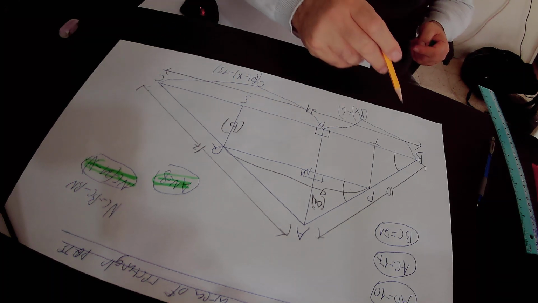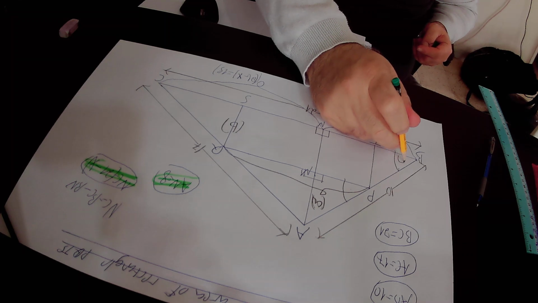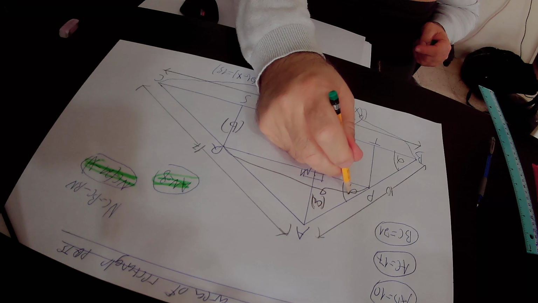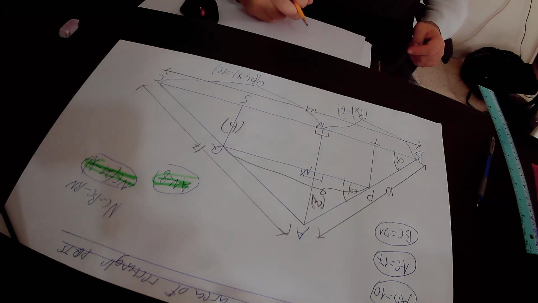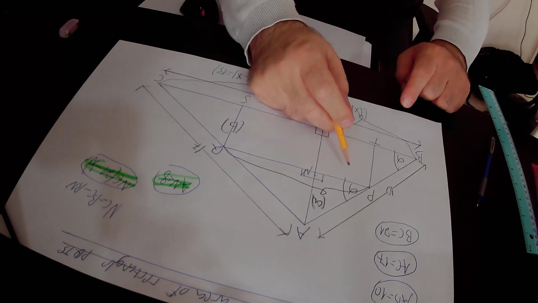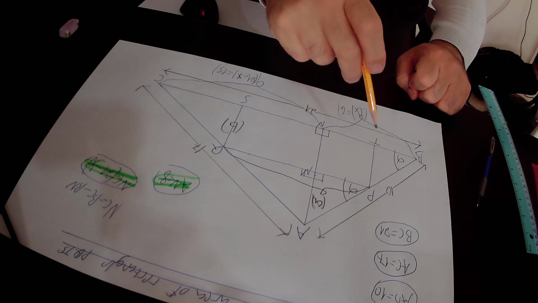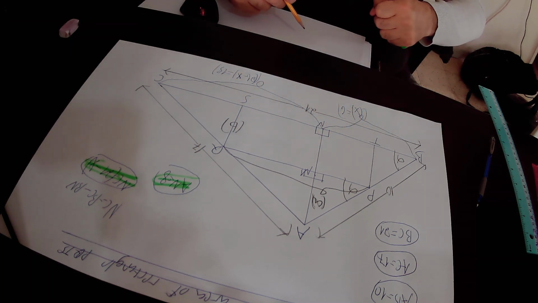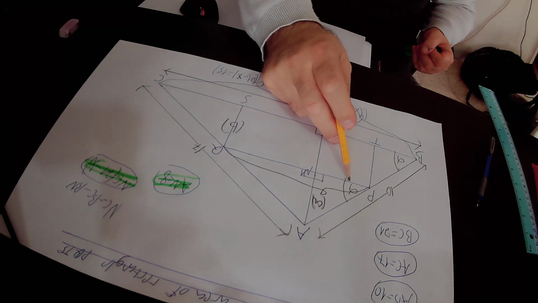So if this angle equals alpha, then this angle must also equal alpha, according to the rule that corresponding angles between parallel lines are equal to each other. So if this angle is alpha, then this angle must also be alpha.